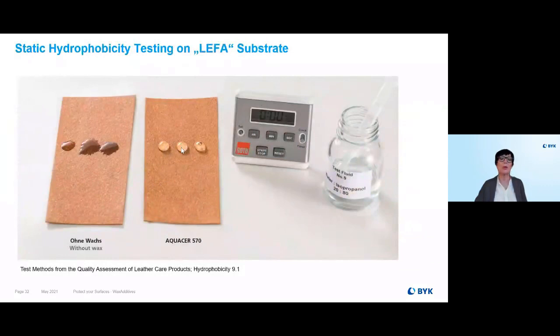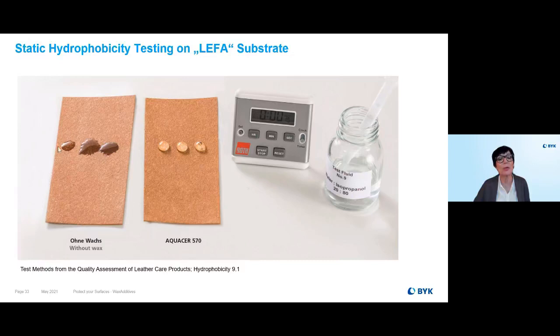So what we do for our testing for the hydrophobicity is a standard test from the German Leather Institute. We use the so-called Lafer substrate, which is a standard substrate you can buy and always have the same kind of material. If we do this hydrophobicity test, we always use a water isopropanol mixture, starting with number 1 with 100% water, and then increase the amount of isopropanol.